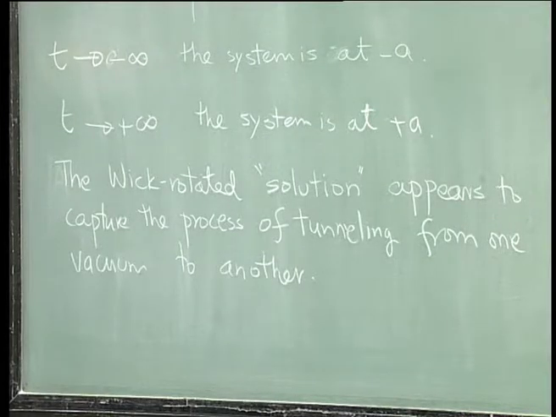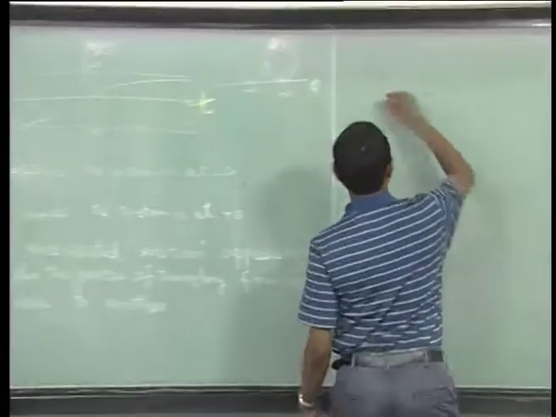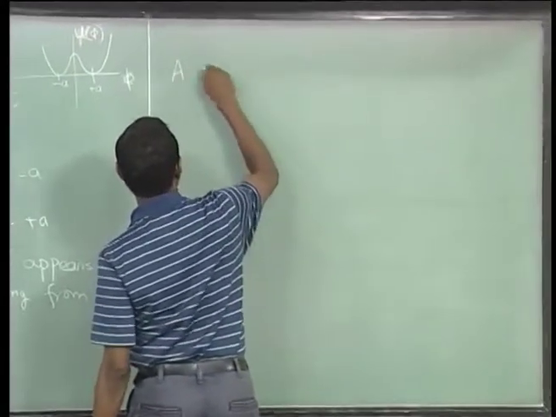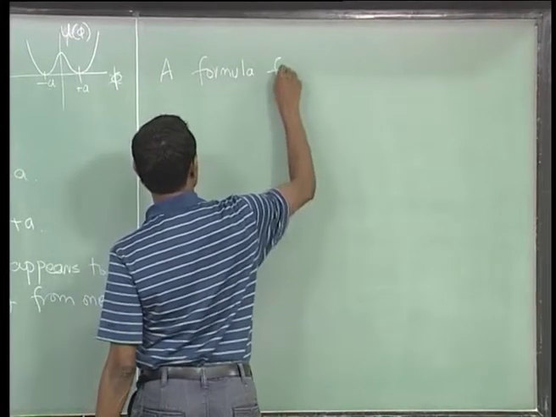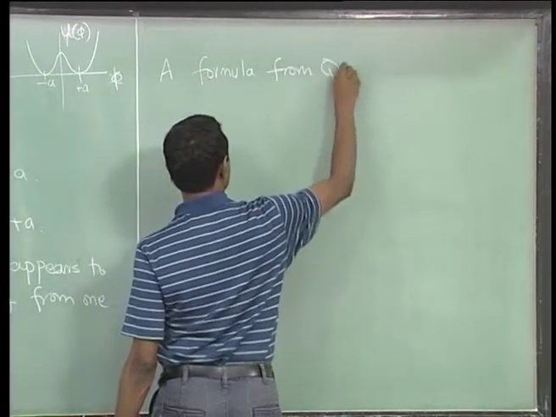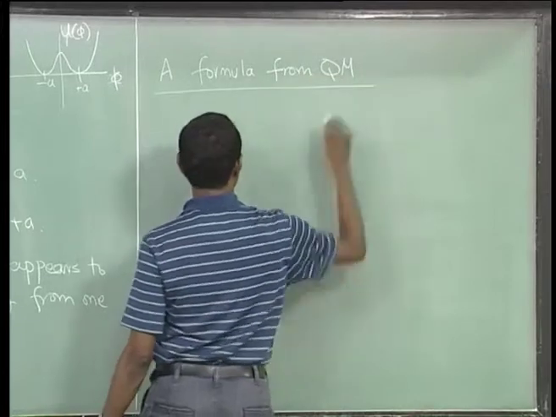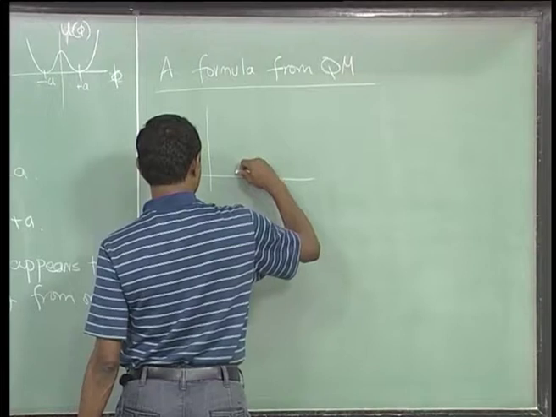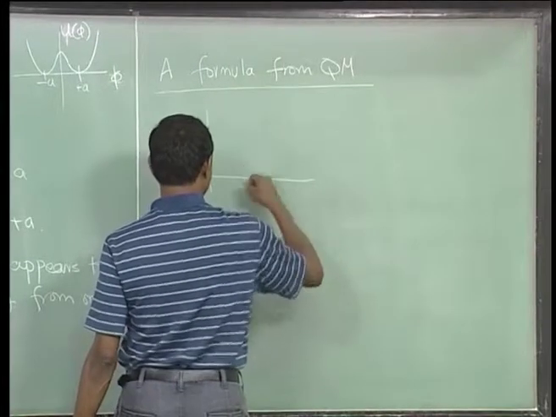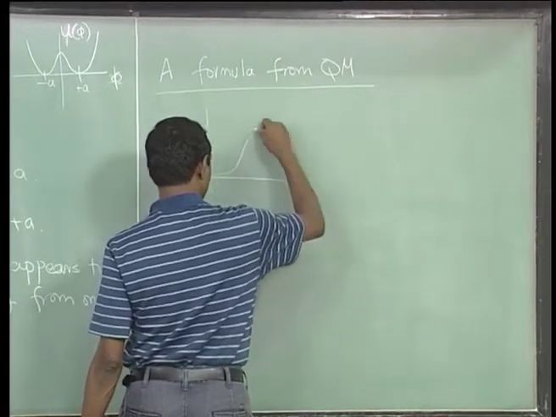So the question is how do we understand something like this. I will write just one formula from quantum mechanics. The picture is as follows: suppose we have a barrier and you are tunneling through it.